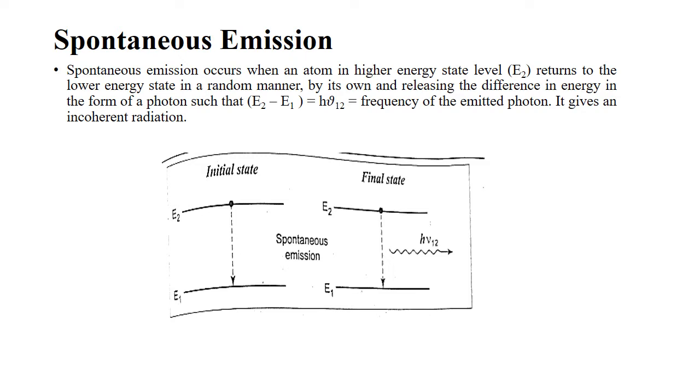Spontaneous emission occurs when an atom in the higher energy state E2 returns to the lower energy state in a random manner by its own, releasing the difference in energy in the form of a photon, such that E2 minus E1 is equal to hν12, the frequency of the emitted photon. It also gives incoherent radiation.